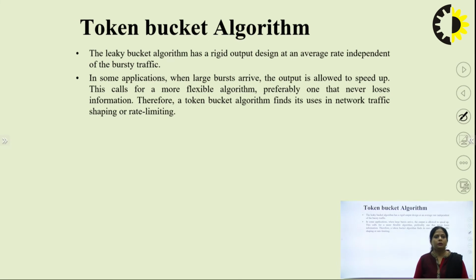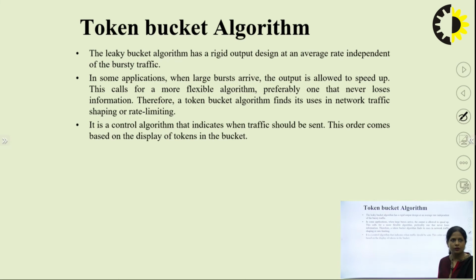Therefore, the token bucket algorithm finds its use in network traffic shaping or rate limiting. It is a control algorithm which indicates when traffic should be sent, and this order comes based on the presence of tokens in the bucket.